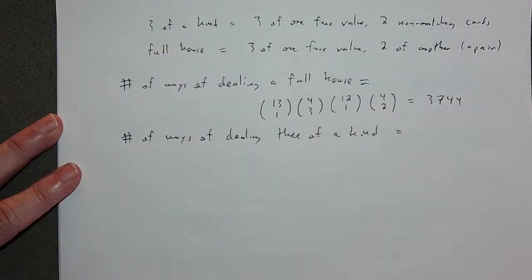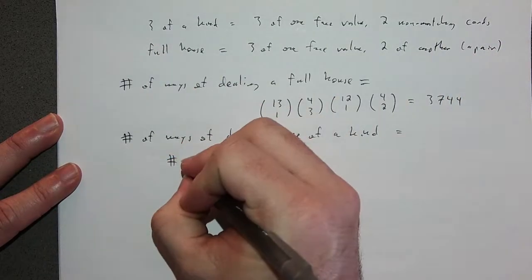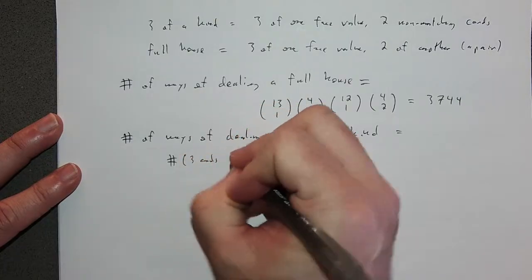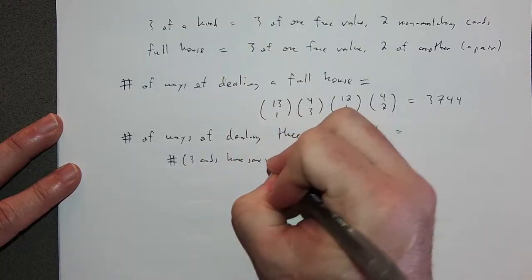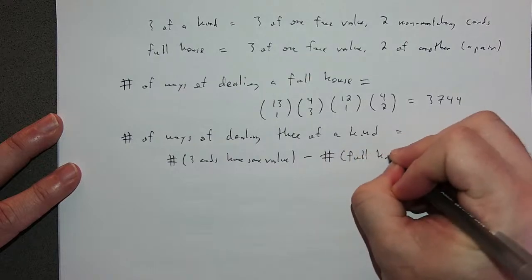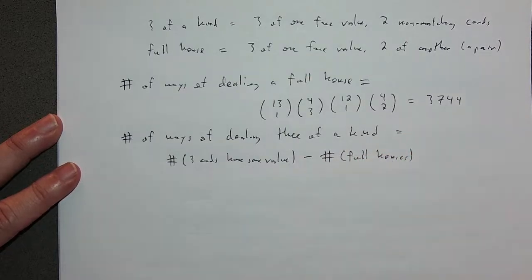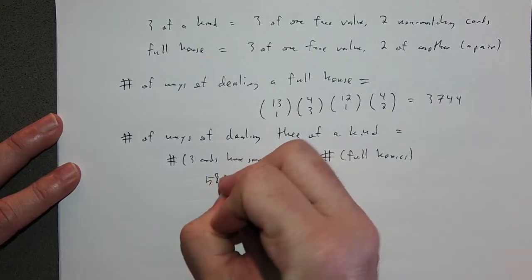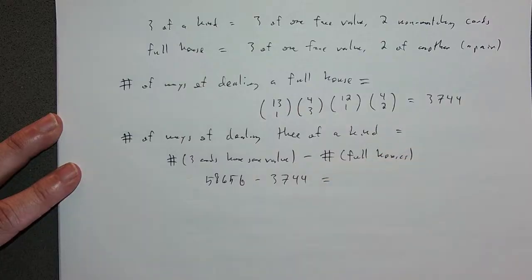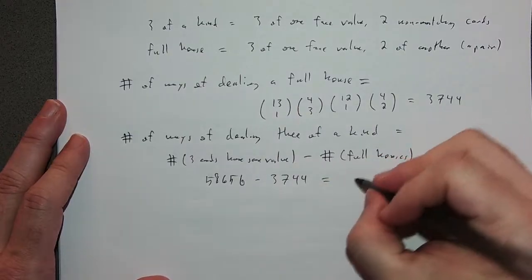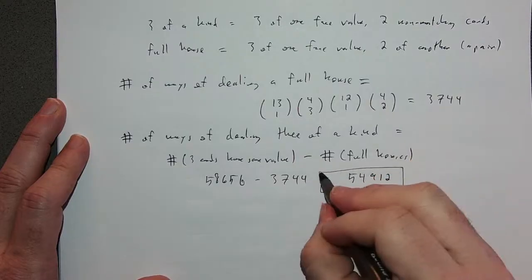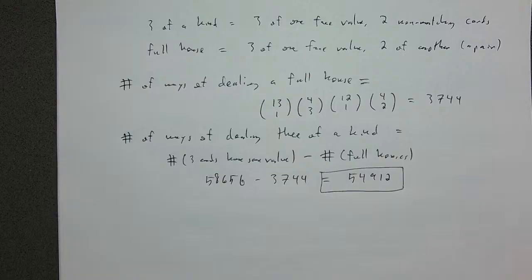That's what 3 of a kind is. So this is really the number of 3 cards having the same value minus the number of full houses. But we've computed these two. Right, so this was 58,656 minus 3,744, which is 54,912. This is the number of ways to deal a hand having 3 of a kind.